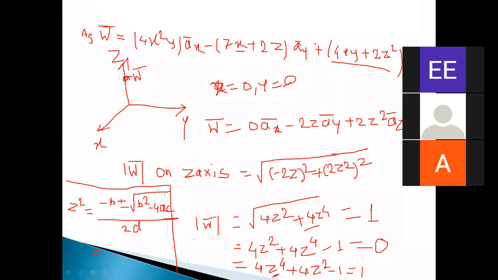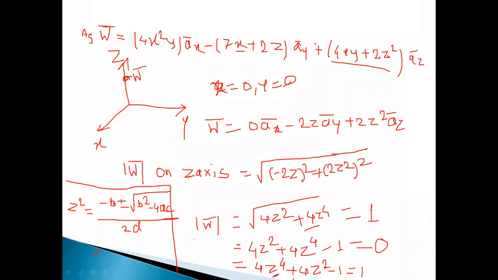Now just put the values here. Minus b means minus 4. Then plus minus the square root of b squared, which is 16, minus 4, where a is 4 and c is minus 1, and divided by 2a, which means 4. So find that, and you will get z squared.